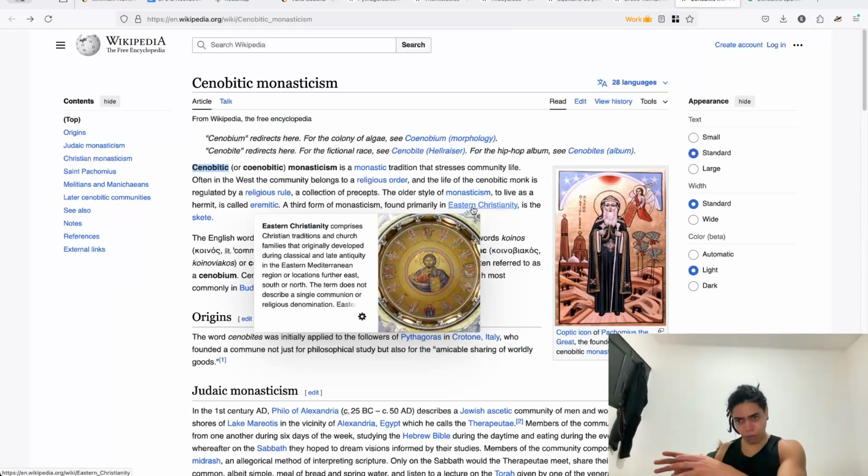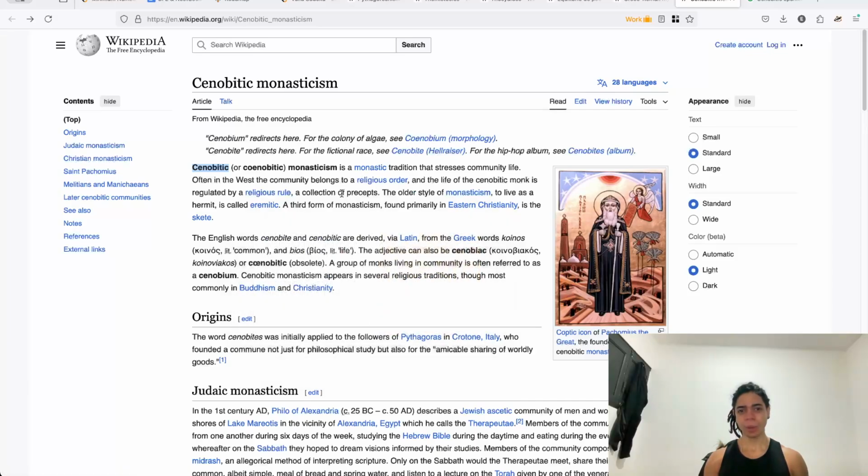So they focus their attention on the study of mathematics, of the things that they can learn. They dedicate their life in a monastic way, in a cenobitic way, in a religious way. And most of the time it is based on the Jewish tradition.